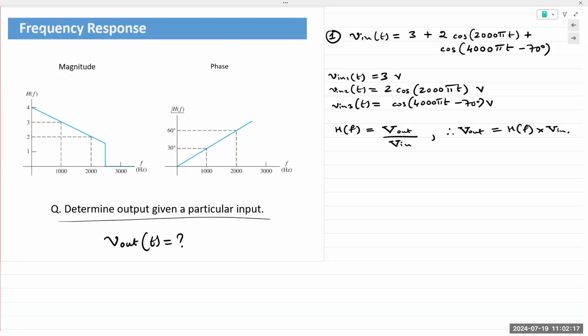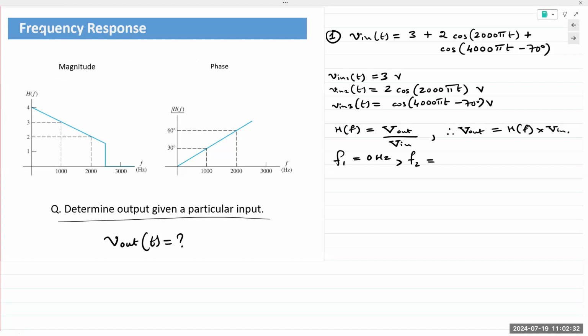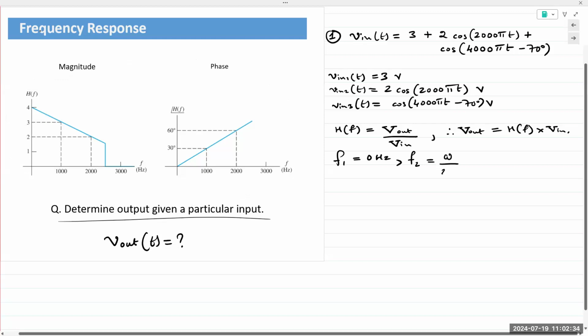Okay, so I'm going to write out frequency values. F1 is 0 hertz because it's DC. There is no time dependency. So frequency for the first component is 0 hertz. F2 is omega divided by 2 pi.